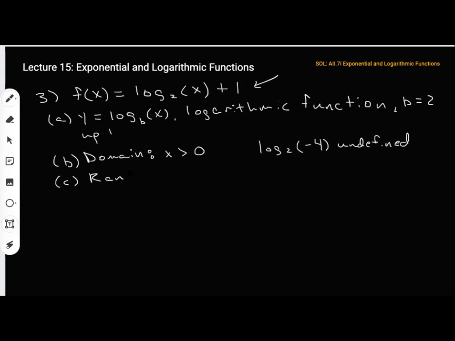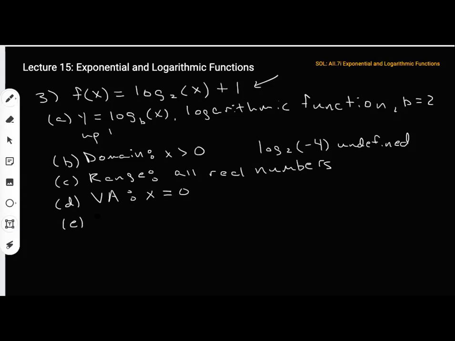Okay, what is the range? The range is going to be all real numbers. All real numbers. You'll see that when we graph it. Okay, vertical asymptotes. There is a vertical asymptote. It's going to be at x equals 0. I'll show you what that looks like later.